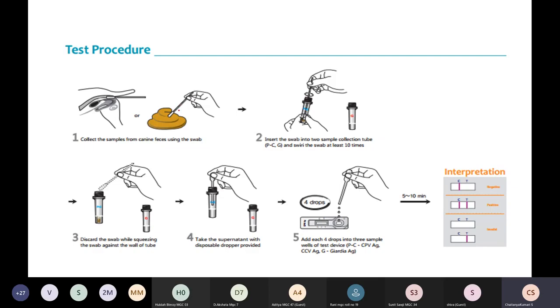Whatever swab we had used has to be discarded. Take the supernatant with the disposable dropper. Whatever supernatant has been formed during the centrifuge has to be taken in the form of droplets. You need to put about 3 to 4 drops on that kit or small instrument-like thing.